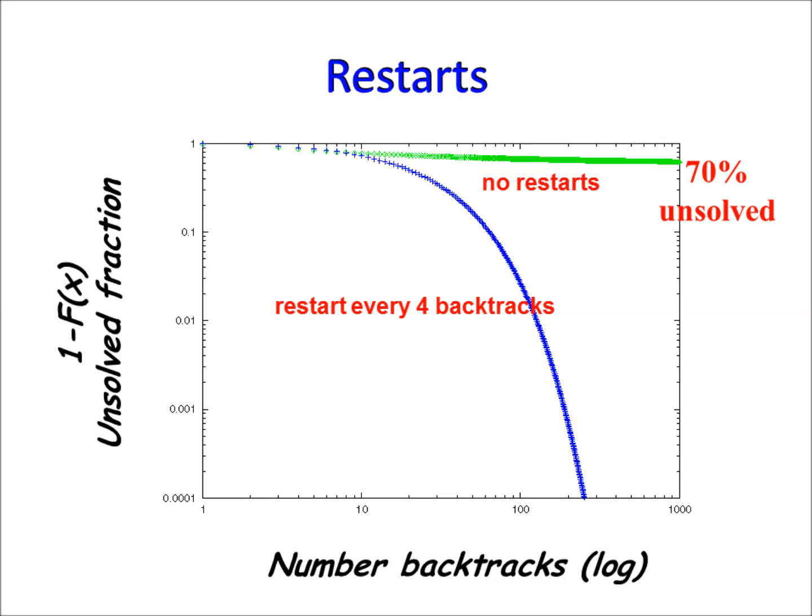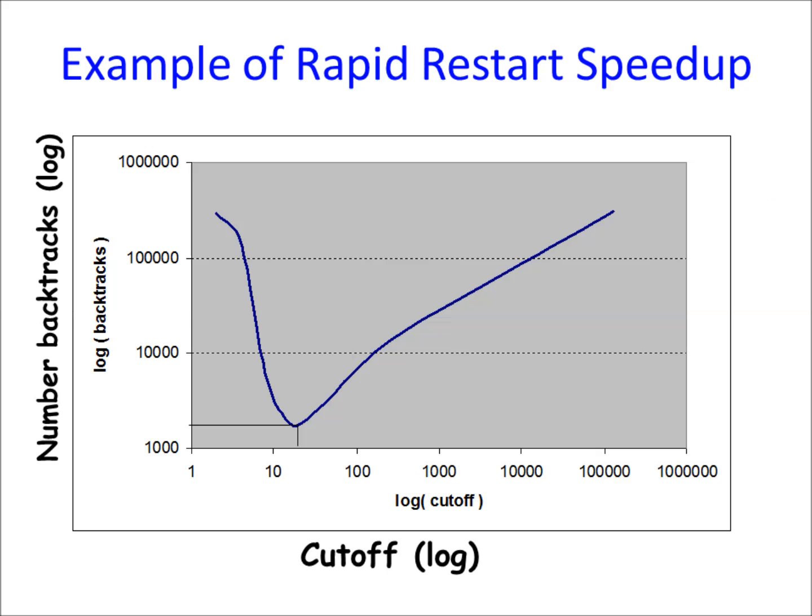Notice with 4 backtracks per restart, in about 250 backtracks, which means about 62 reruns, we are able to solve 99.9% of the problems.